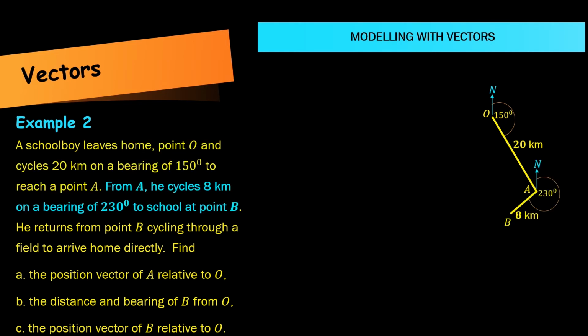From A, he cycles 8 kilometers on a bearing of 230 degrees to school at point B. And again, this is denoted in the diagram. Finally, he returns from point B, cycling through a field to arrive home directly, as shown.